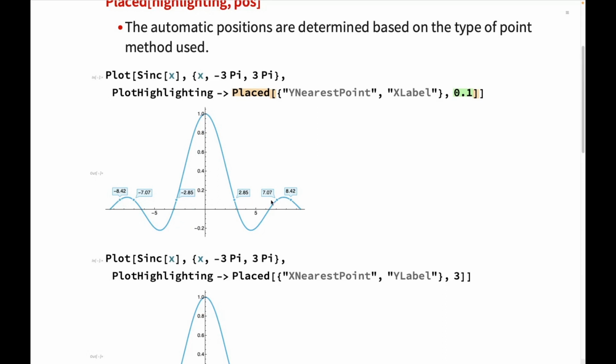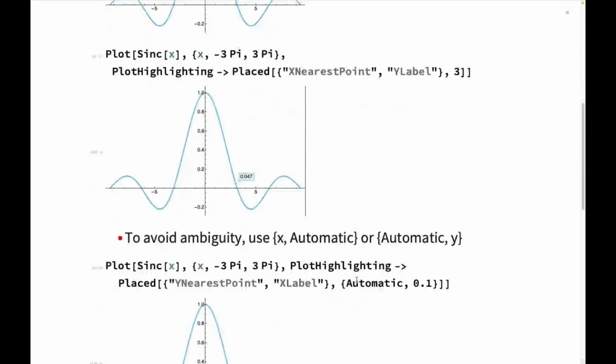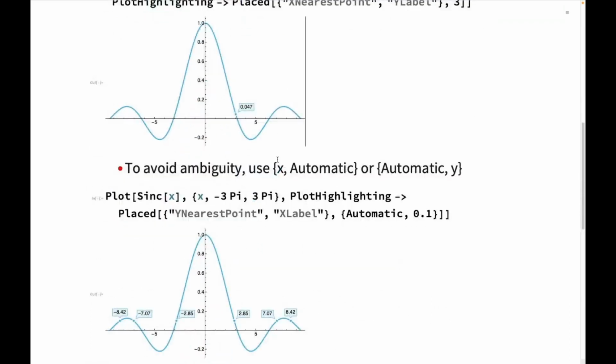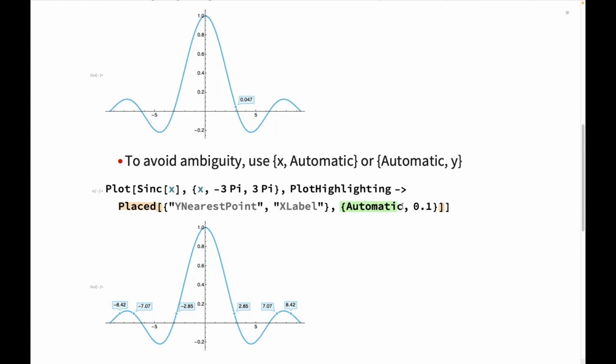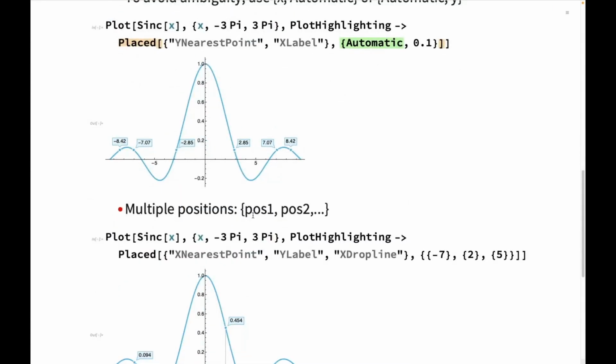It's going to find all the corresponding x values. Same here. This is x nearest point, so it knows that your value 3 indicates x equal to 3. But to avoid ambiguity, you can use x automatic or automatic y to specify it, just to make sure. And for multiple positions, it's just stacking them together.